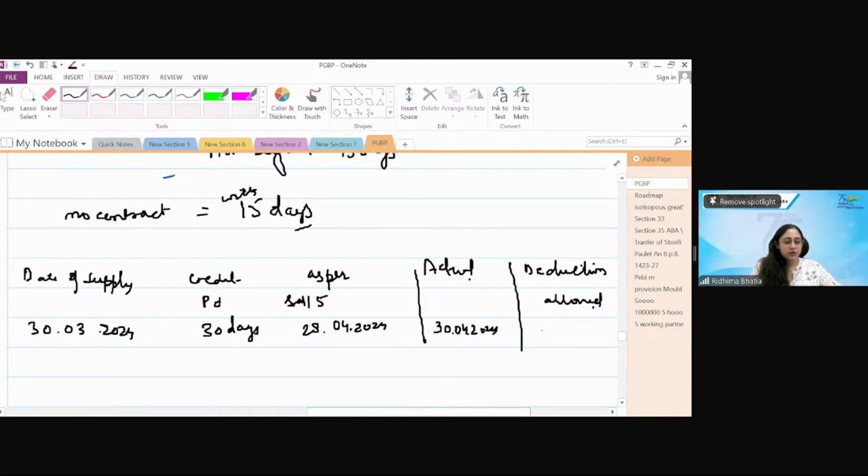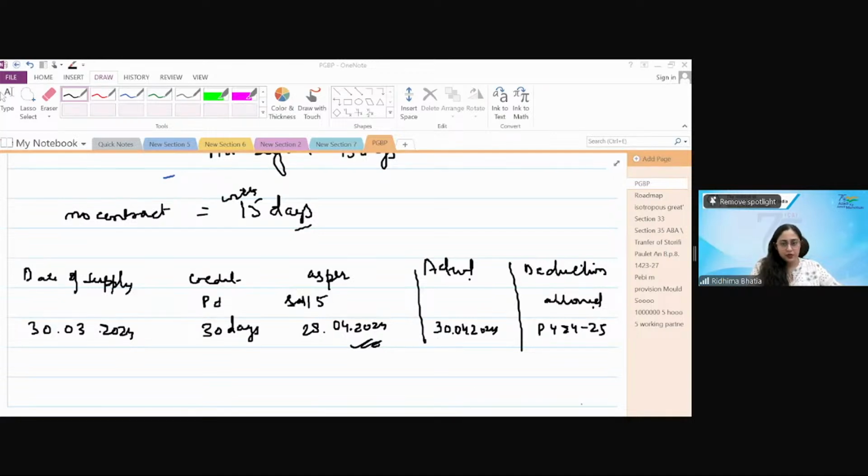In previous year 24-25 per return and not in previous year 23-24, because the moment you skip this timeline, it becomes a disallowable expenditure. Very good, the moment you skip this timeline, it becomes a disallowable expenditure.